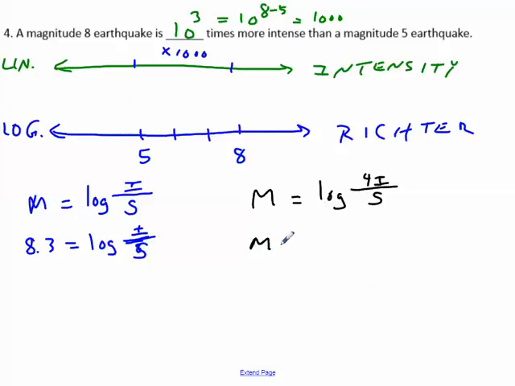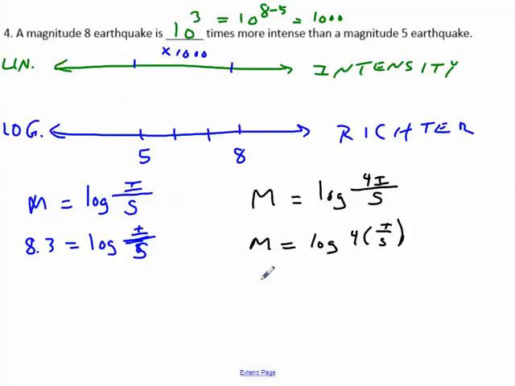This new magnitude earthquake is log of 4 times the intensity over that standard again. We don't need to know the standard. We don't really even need to know the intensity because we're going to play with the rules of logs. We can say that this is log of 4 times I over S, and all I did was separate this 4 times I over S into 4 over 1 times I over S, pulling that 4 out as a different fraction.